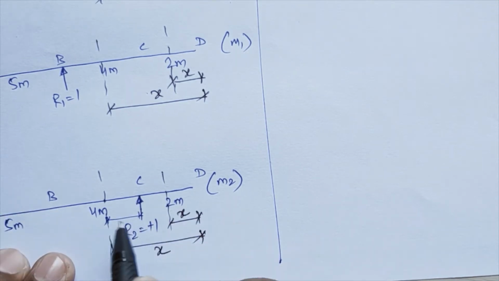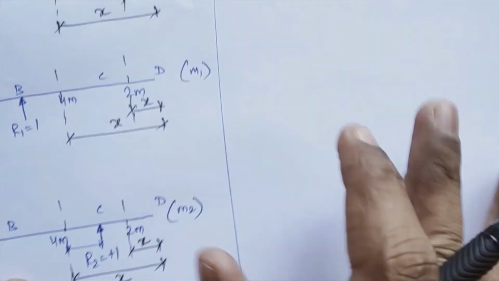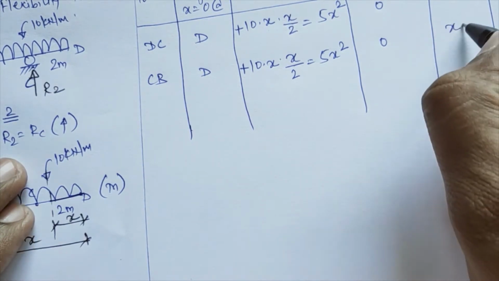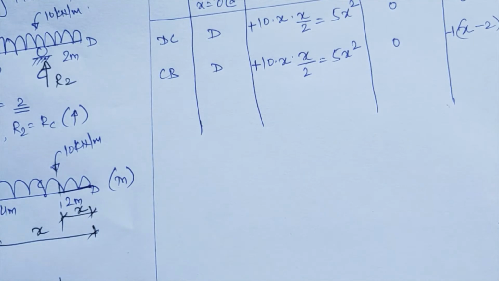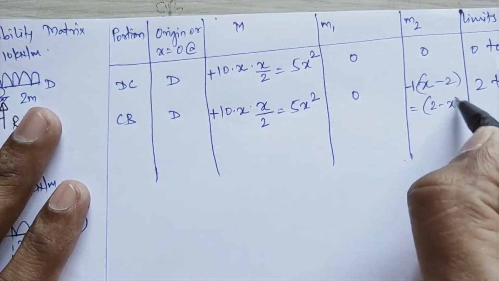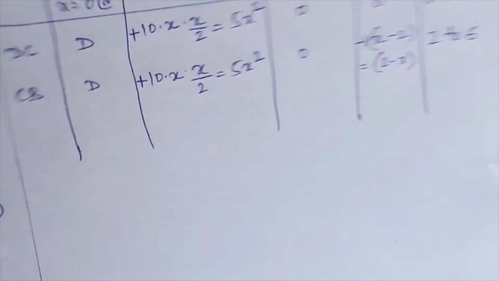So this perpendicular distance will be how much? x minus this length CD equal to 2. So that comes here 1 into x minus 2, and that loading is anti-clockwise in nature. So that is why I am writing here minus. So if we simplify this, I'll get this as 2 minus x.